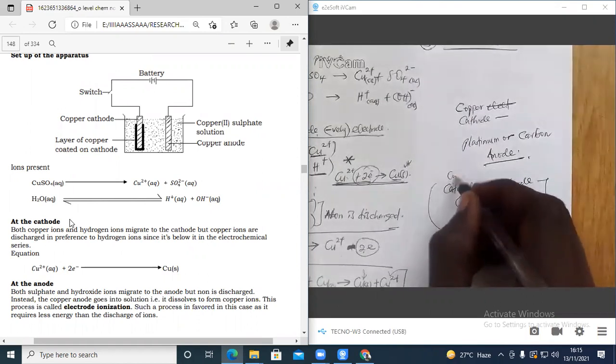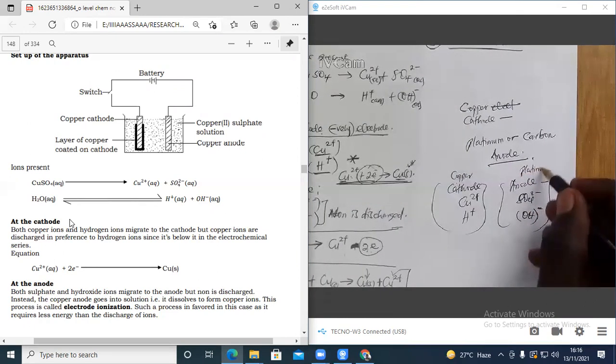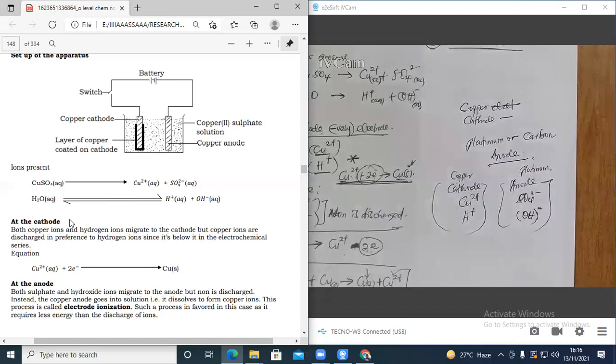The cathode is copper, and then the anode is platinum. What do you think is going to happen? Will this electrode disappear in solution? Yes. When they use copper cathode and then the anode they use.